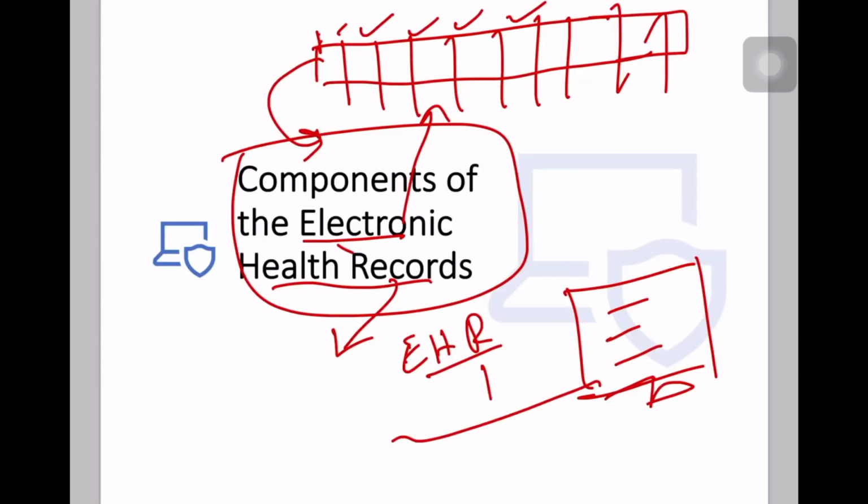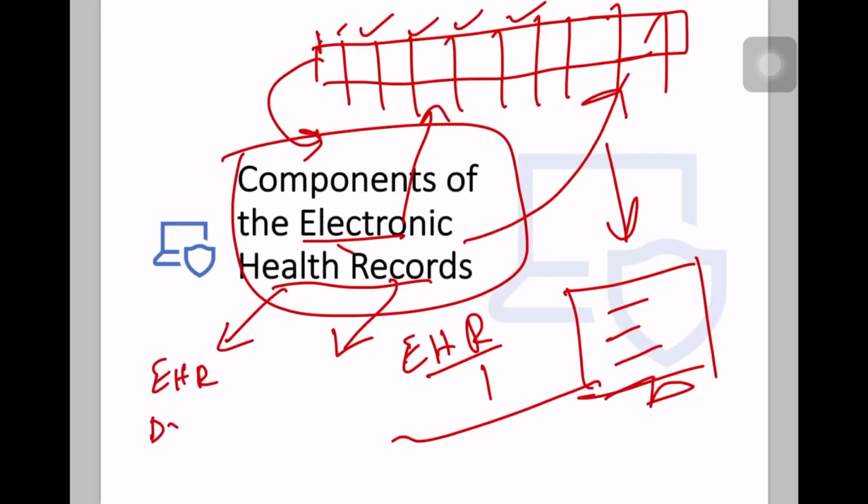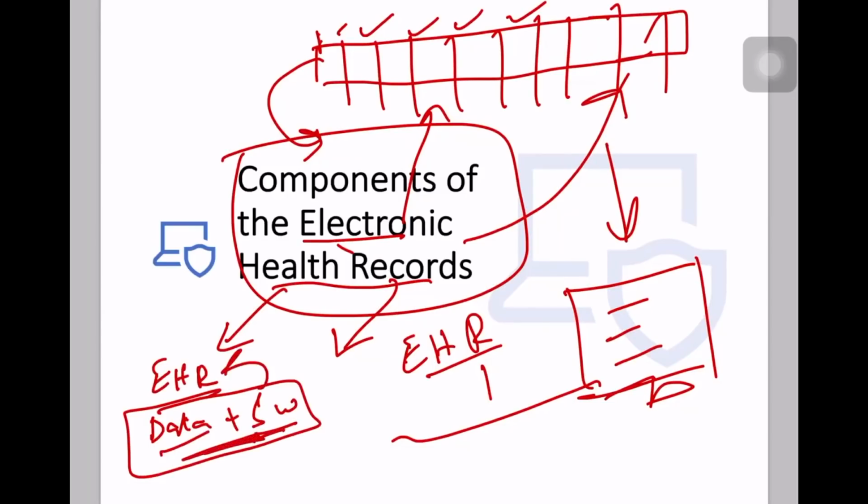So we could collectively take the electronic health records along with the software. So the general perception is, EHR data plus software, and combined, we call it EHR or EHR system.